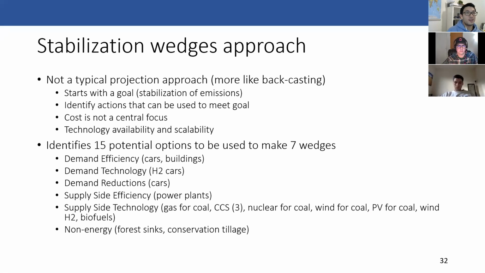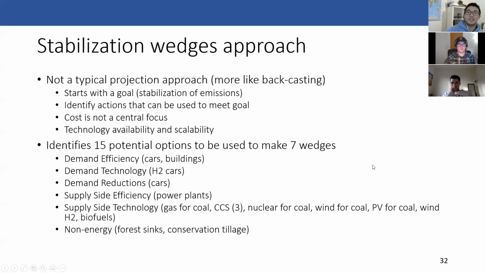And sometimes this type of thing can make certain policy mechanisms more palatable for policymakers, because often when you do these approaches, these wedges are not going to be the same in terms of resources and cost, right? I'm just throwing this out there, it might be a lot easier to do efficiency than it would be to do demand reduction.